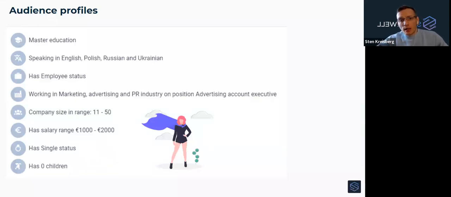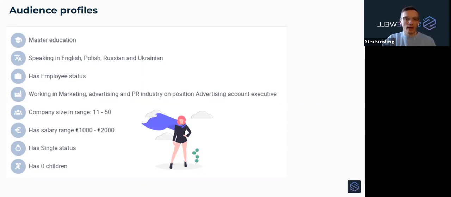Here is a quick example about audience profiles. These are the main things we have on the platform: education, what language they speak, are they an employee or business owner or on maternity leave, in what field and industry they work, how big their company is, their salary range, are they married or not, do they have children.